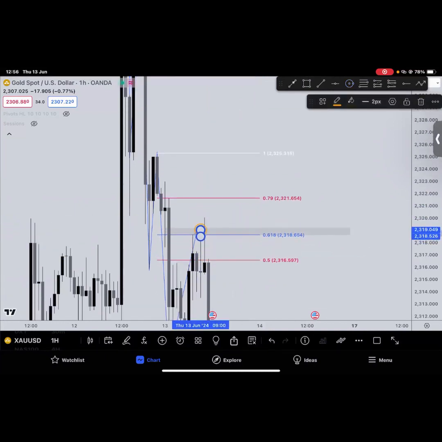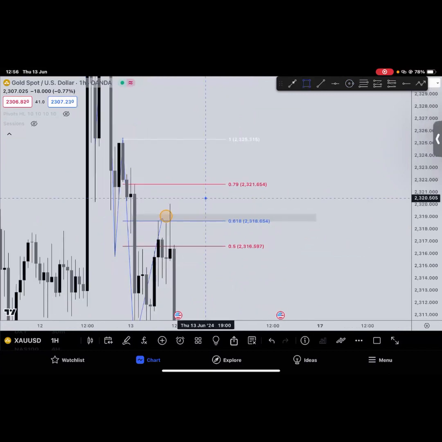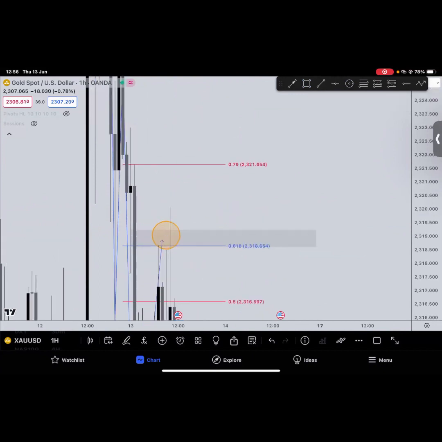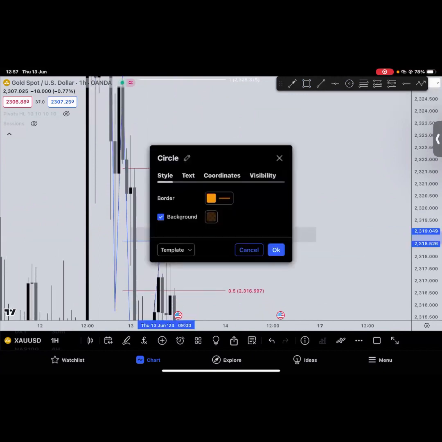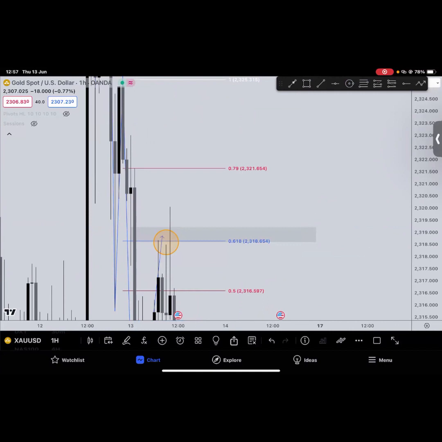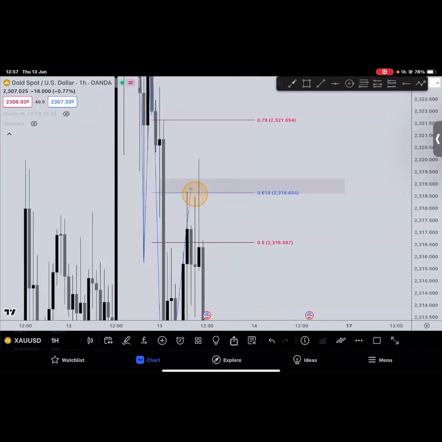But if you do that, market price would have taken you out at this point with this weak candle. So now this is where candlestick pattern comes in. I've already said right from the start that before I enter a trade, I look out for what we call weak rejections.